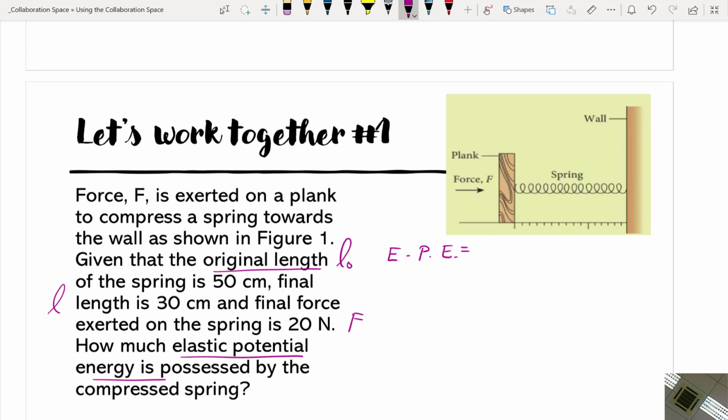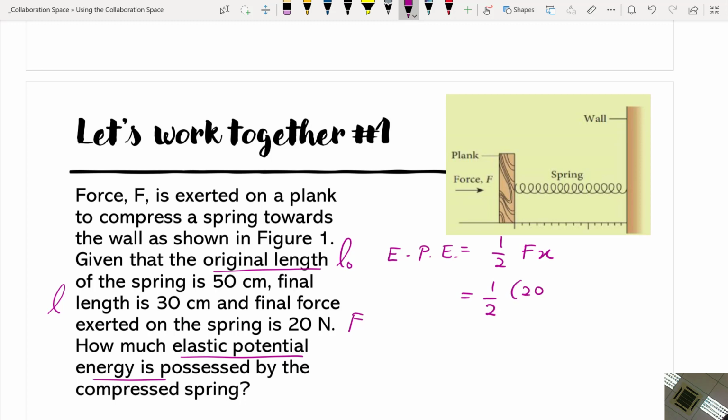What's the formula? Yep, think. Okay, so the formula is half Fx, that's right.